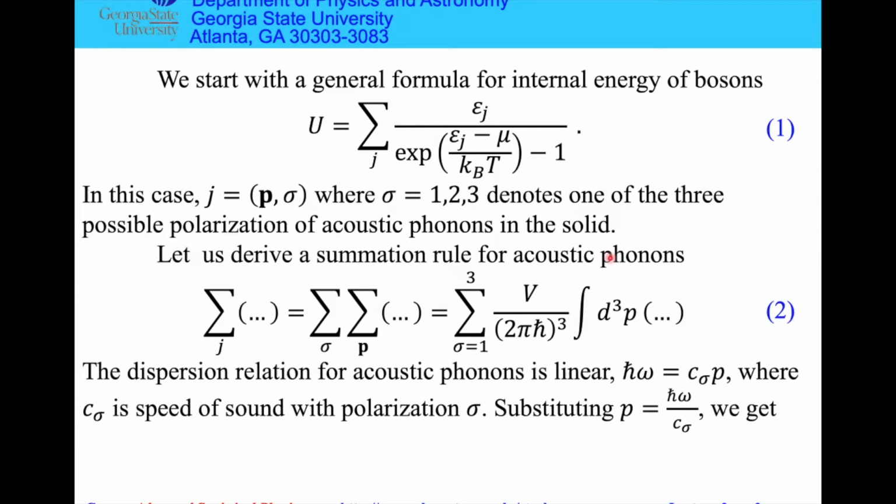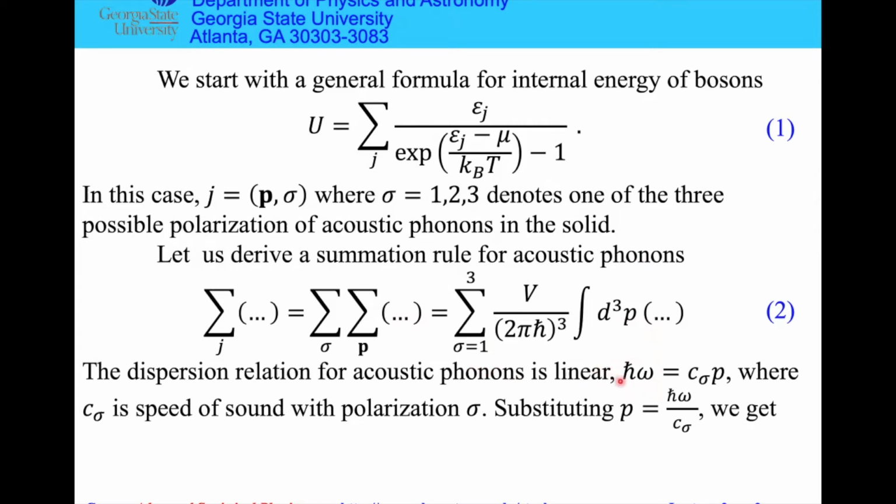Having said this about the fundamental properties of this expression, now let us simplify it further. We will be using the first assumption of the Debye model. This assumption is that the dispersion relation of acoustic phonons is linear.